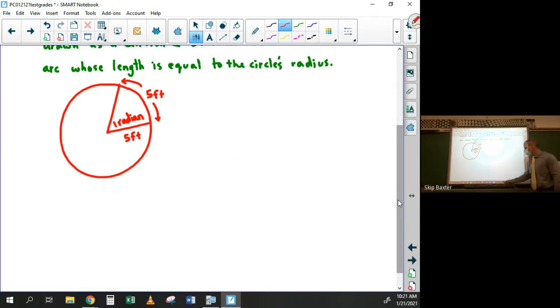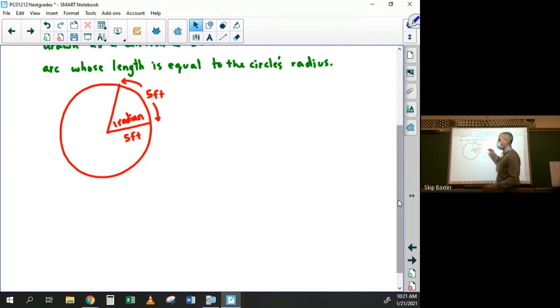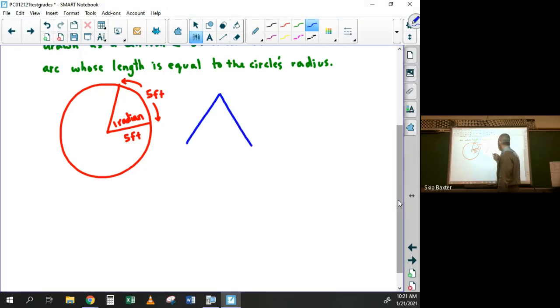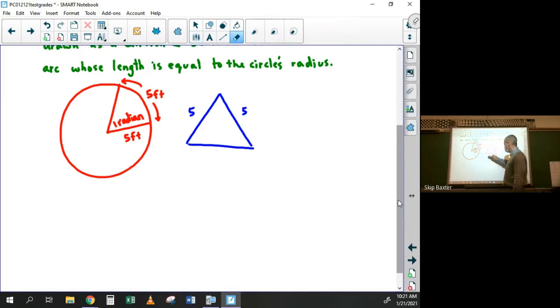Less than, right? Because think about if I had an equilateral triangle whose side length was 5 feet. That's kind of what I have here.